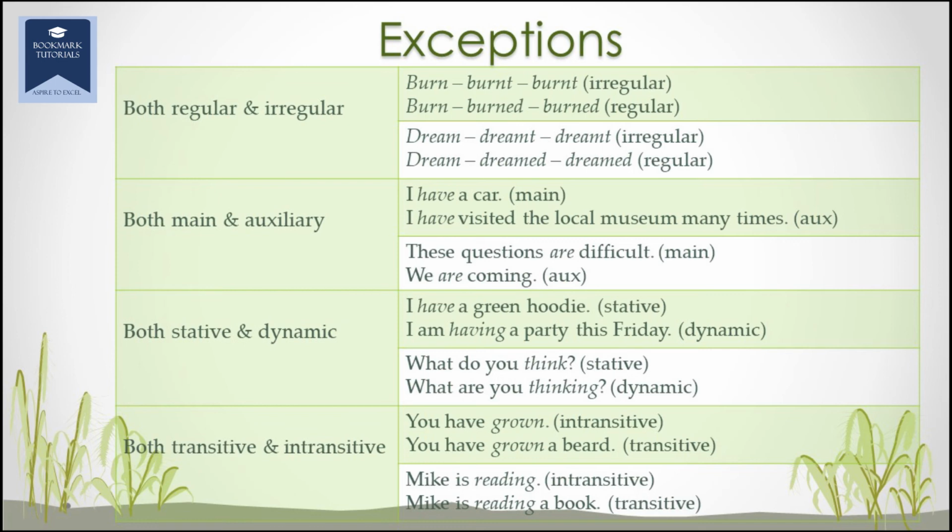That makes grown a transitive verb. From these examples, we can understand that the form of verb can change depending on the context. This may sound a bit difficult initially, but with practice one can learn how to use verbs effectively.